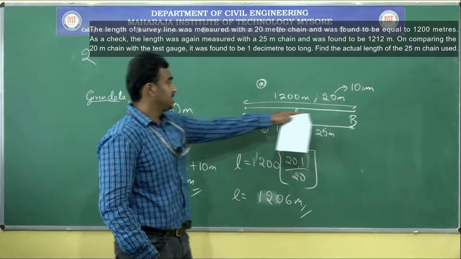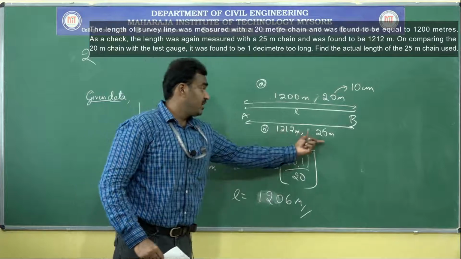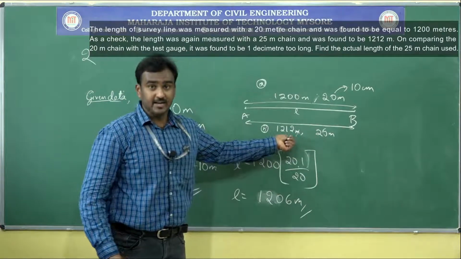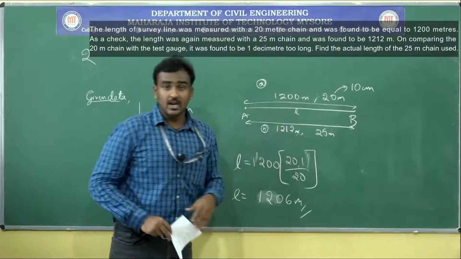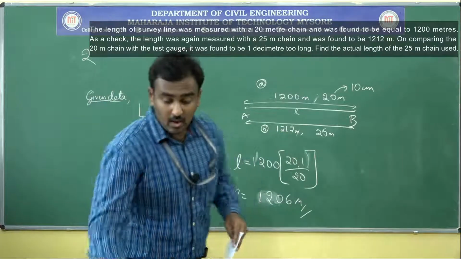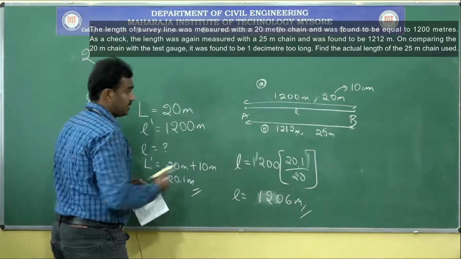This is the true length of the line AB. That means the distance measured using the 25 meter chain is also incorrect. So now let us calculate the incorrect chain length of the chain used, that is the 25 meter chain.